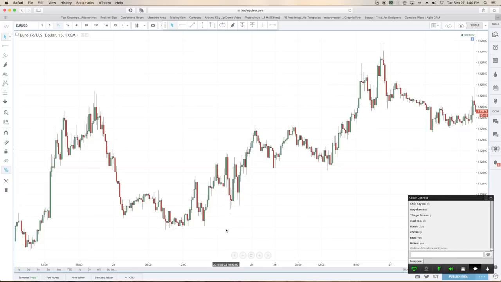Breakouts can also happen from trend lines, right? Would you guys agree that this is a trend line if I draw it like that?